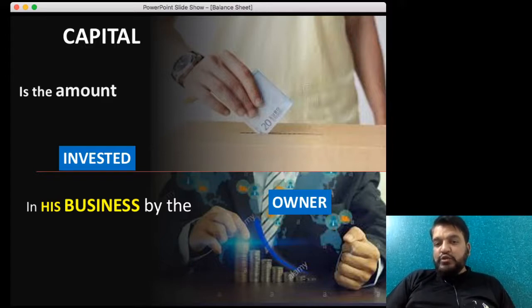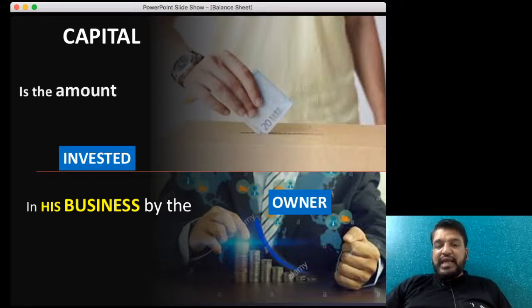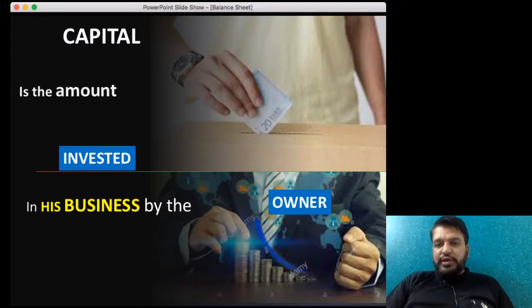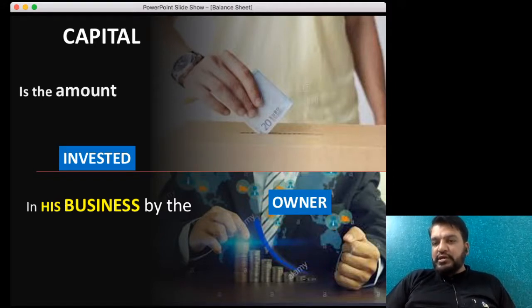It has to be his own business. This word, his business or her business, is very important. If a person is investing in somebody else's business, that's called investment, not capital. So the concept over here is it has to be the amount invested in his business by the owner, which is called capital. As you can see in the images here, it's like investing into the business.